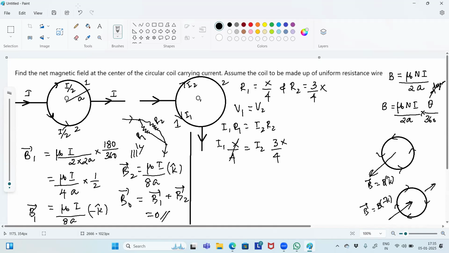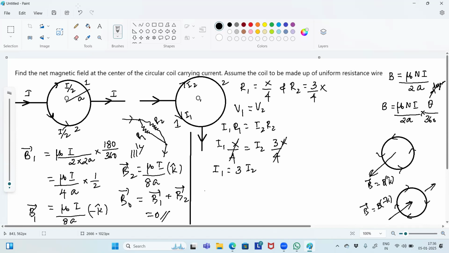So X by 4 gets cut. You get I1, the current through segment 1, is 3 times the current through segment 2. And the direction is also different. I1 is anti-clockwise, I2 is clockwise.